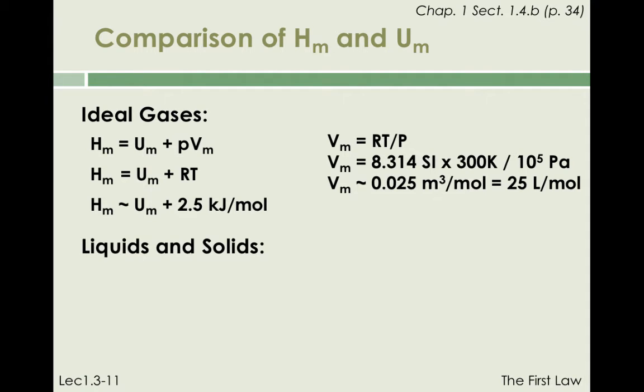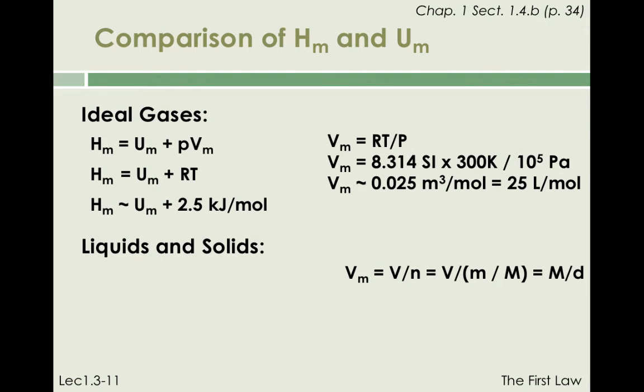Let us do a similar calculation for liquids and solids. Unlike for ideal gases, there is no simple equation of state that we can use to express the molar volume of a liquid or a solid in terms of temperature and pressure. So, we will use the relationship applicable to any substance in any phase that connects the density, the mass, and the volume for 1 mole of substance.